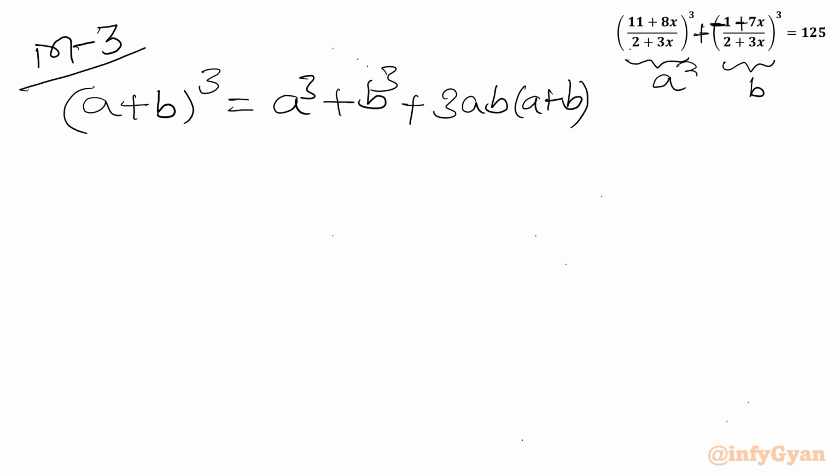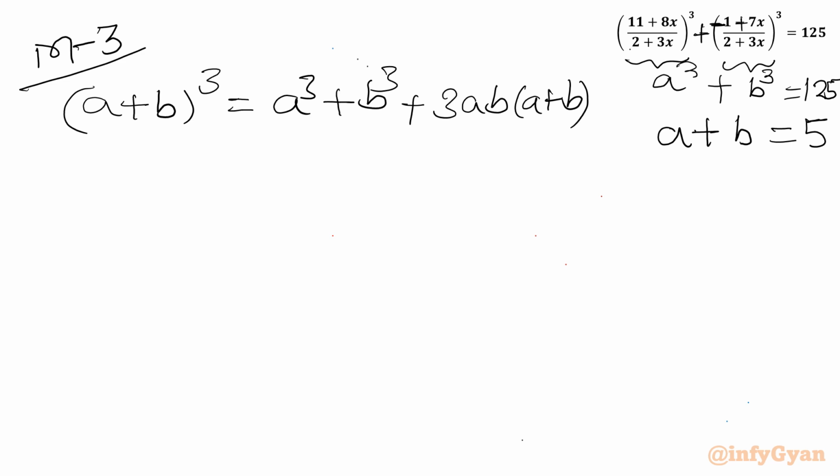Now this A cube plus B cube is equal to 125. And if I simply add A plus B, then it will come out 5, as we have calculated in the previous solution.